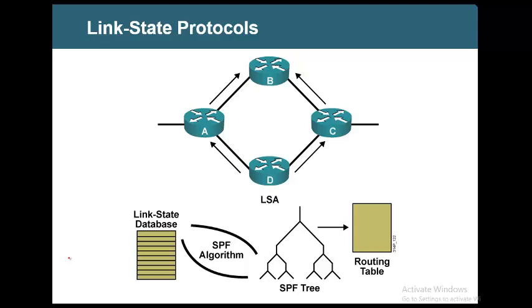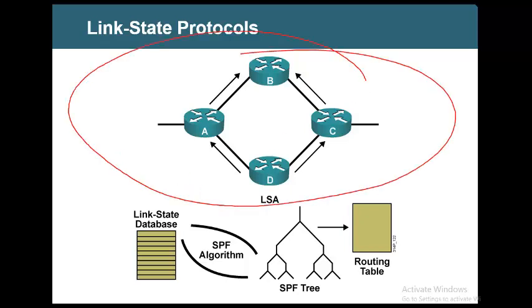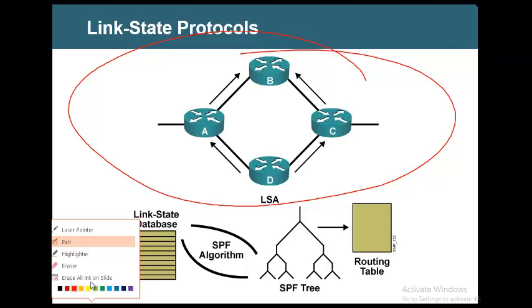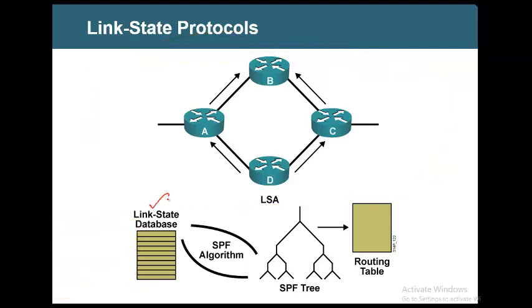So all the routers start advertising as well as they collect LSAs from the neighbor routers. I also take information. As a result, after a point of time, everyone will have an identical topology map in their memory. What do we call it? Link state database.